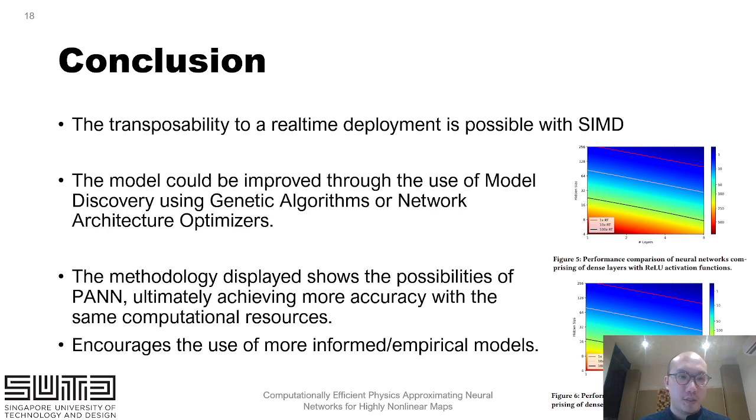Also the methodology displayed shows possibilities of the physics approximating neural network ultimately achieving more accuracy with the same computational resources. This also encourages the use of informed or empirical models, such as mathematical models or mathematical physical models. This is very similar to the physics-informed neural networks.